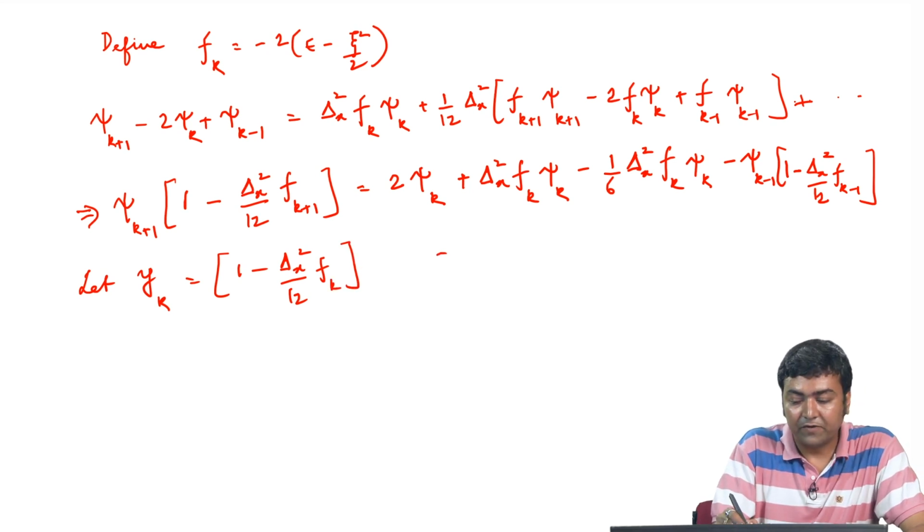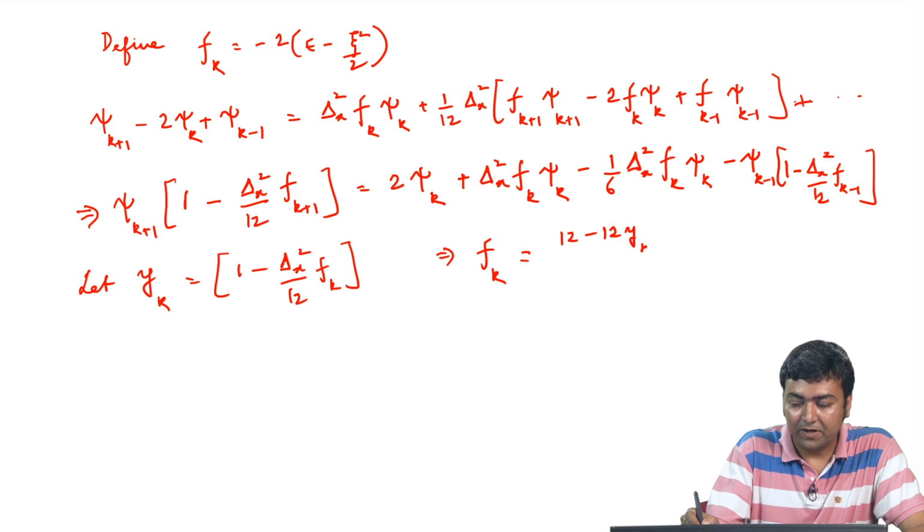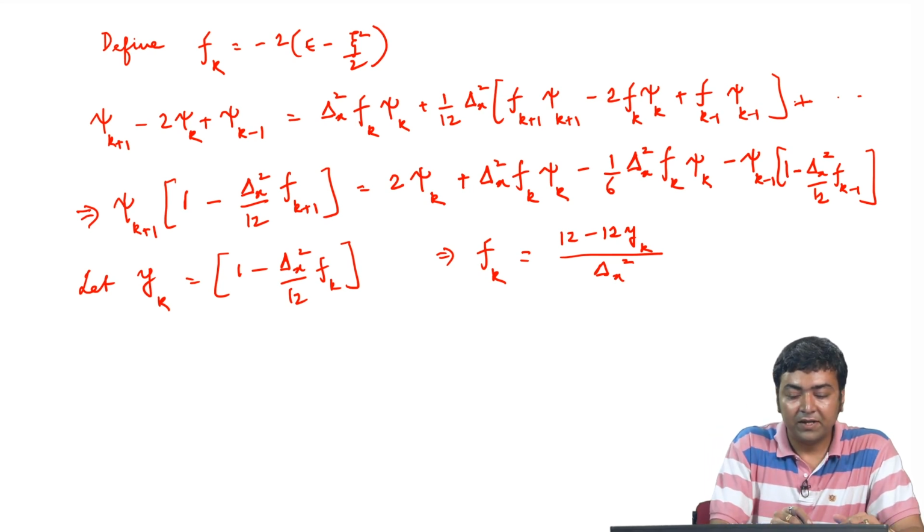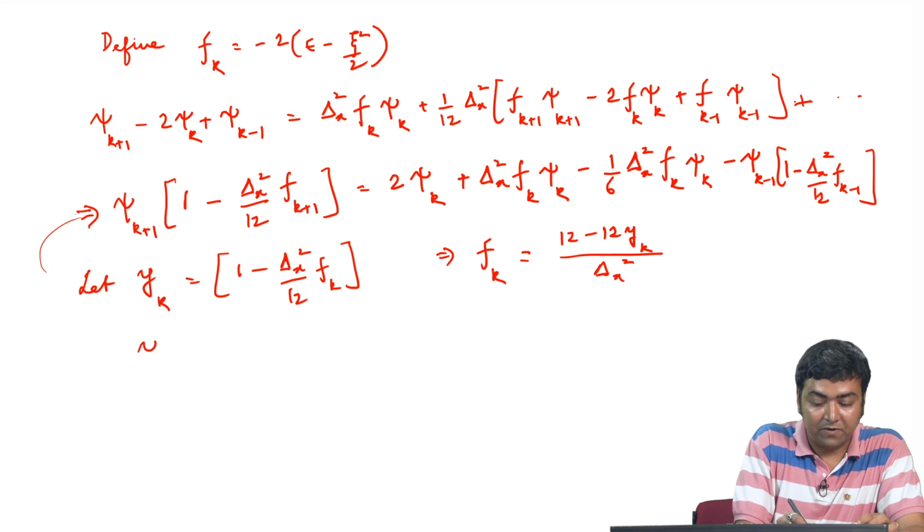If I choose this variable, then I can rewrite my f k in terms of y k, which becomes 12 minus 12 y k divided by del x square. So, I will plug in this new y k and f k in terms of y k in this equation, and what I will get is the following.